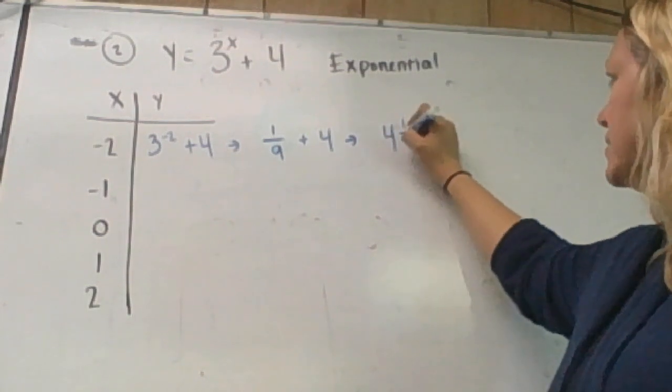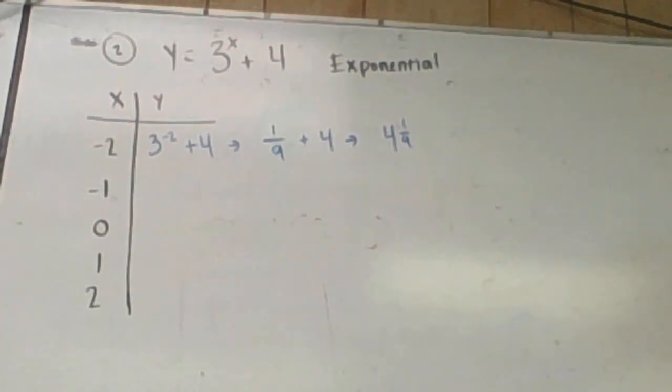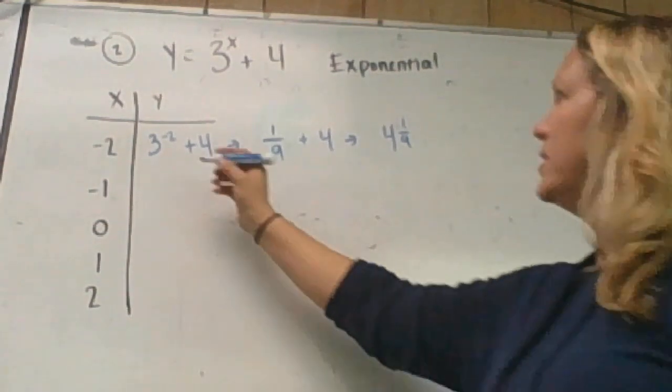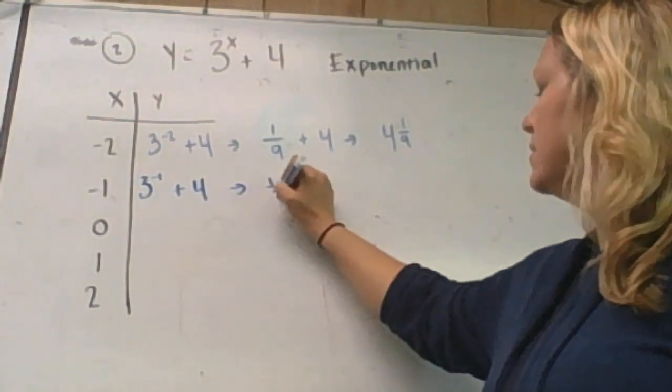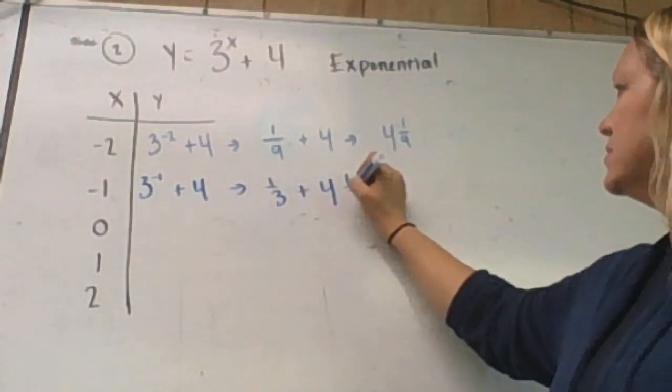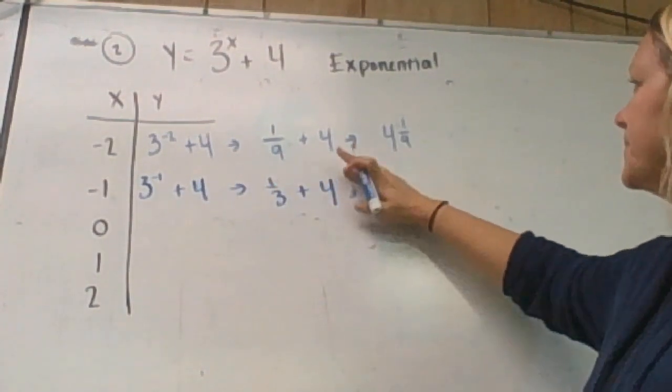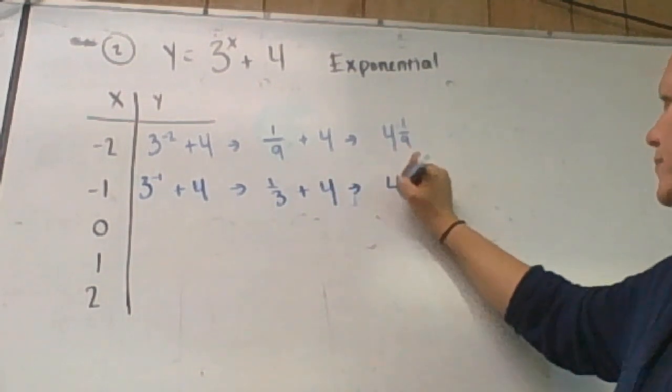I'm just going to go ahead and look at that as 4 and 1/9, making it quick. And then 3 to the negative 1 is 1/3. So that's just 4 and 1/3 for my y value.